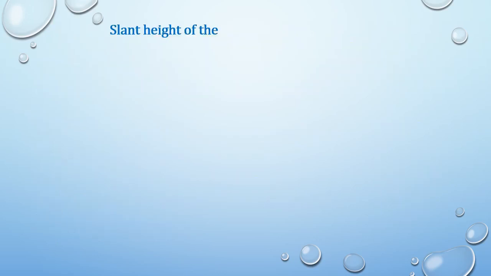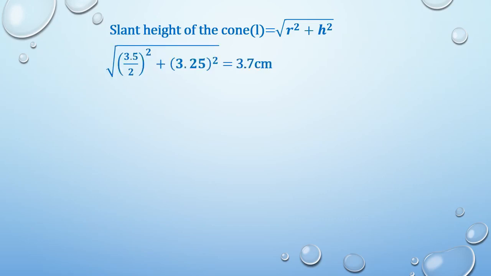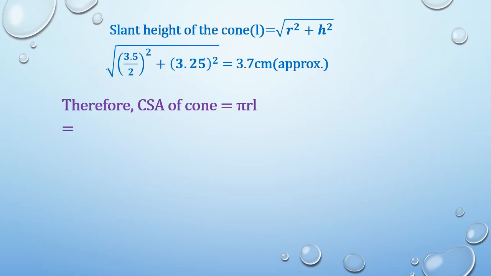Slant height of the cone l is equal to square root of r square plus h square. Square root of 3.5 by 2 whole square plus 3.25 whole square is equal to 3.7 centimeter approximately. Therefore, CSA of cone is equal to pi r l, which is equal to 22 by 7 into 3.5 by 2 into 3.7 is equal to 20.35 centimeter square.